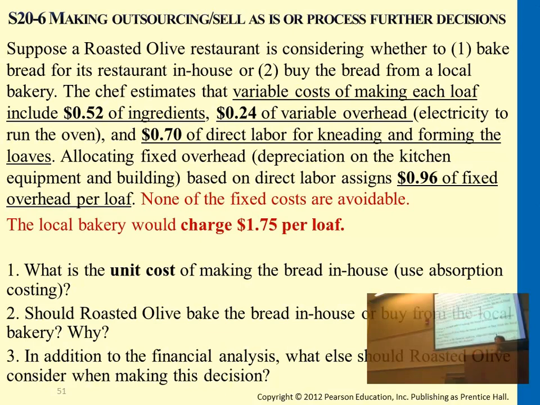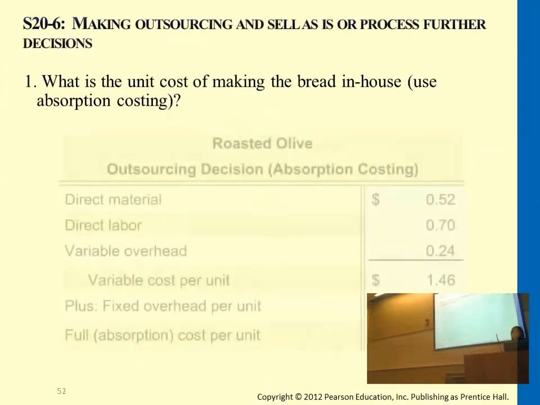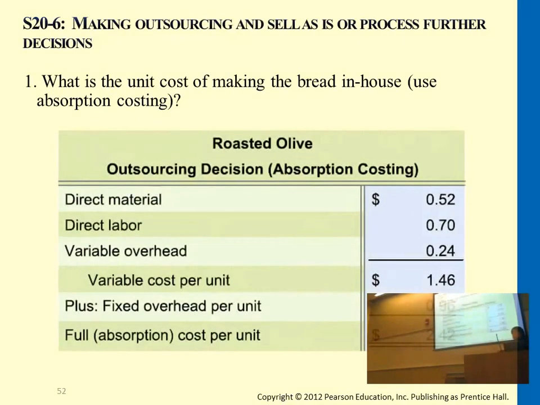If we just compare these two numbers, it's pretty obvious that we should be producing it by ourselves, in-house, right? So unit cost, yes, thank you. It's $2.42 for each and every loaf of bread.